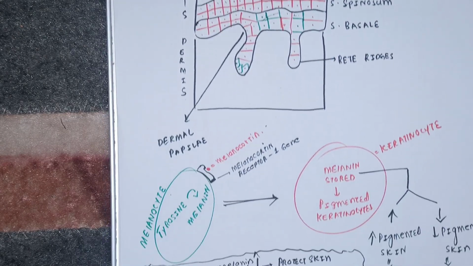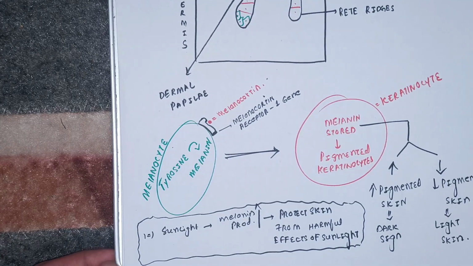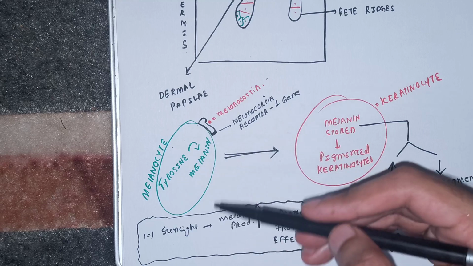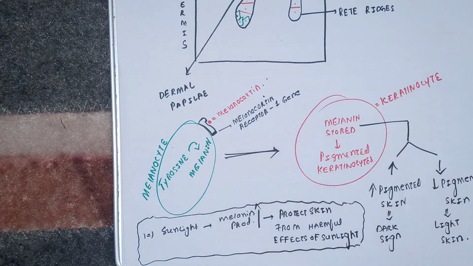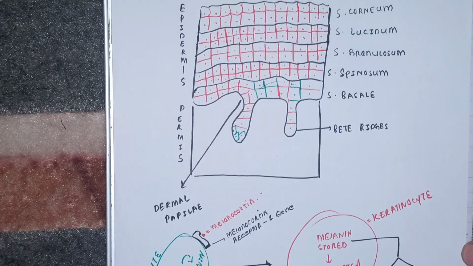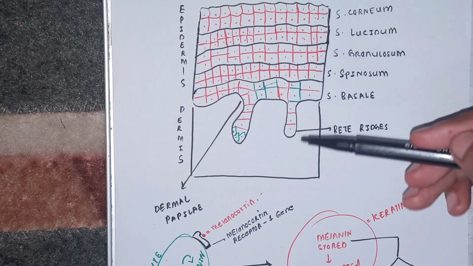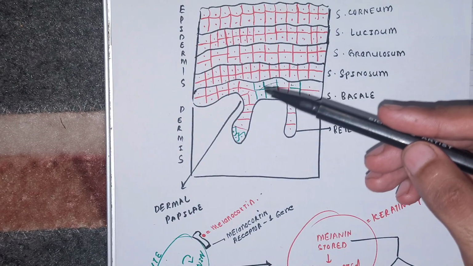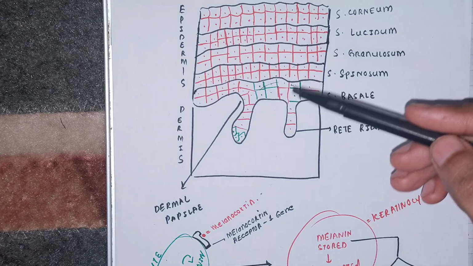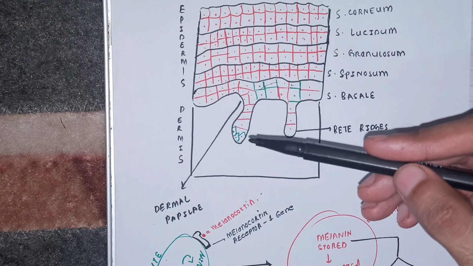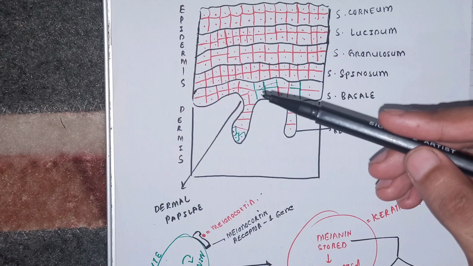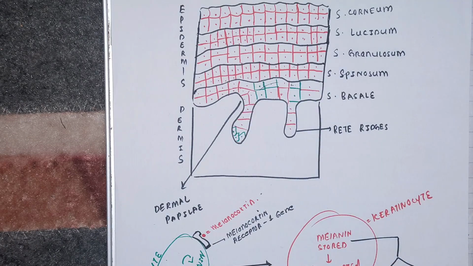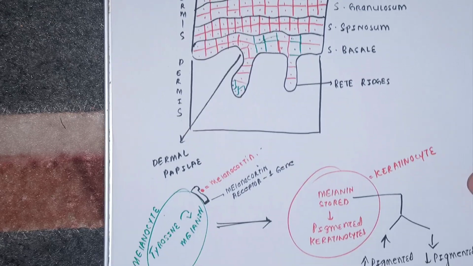Melanocytes are the cells interspersed with keratinocytes in only the stratum basale. So melanocytes are only present in the stratum basale.